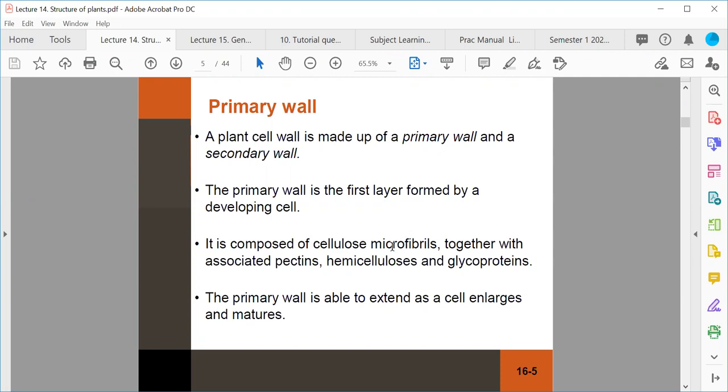Cellulose forms microfibrils, and together with various pectin molecules, non-cellulosic polysaccharides and various proteins, that's basically the composition of the primary cell wall. As I said, that first cell wall is quite flexible, so it's able to extend as the cell grows and matures.